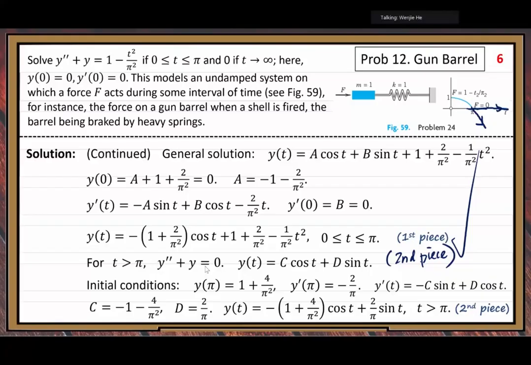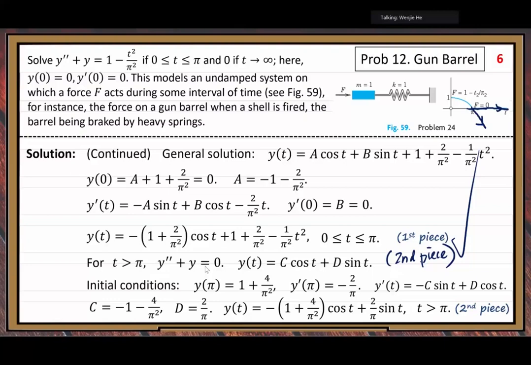Here you see y double prime. Y double prime means the y function's second derivative must exist, right? If the second derivative exists, the first derivative must be continuous.